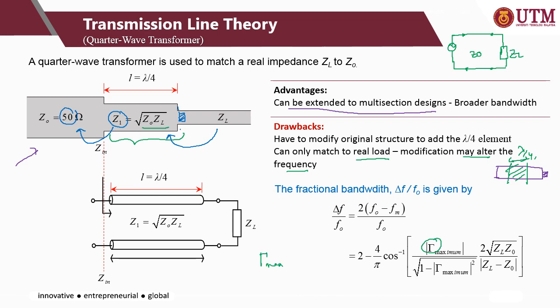Maximum meaning you are using the maximum SWR, in which we know that the reflection coefficient can be calculated by SWR minus 1 divided by SWR plus 1.